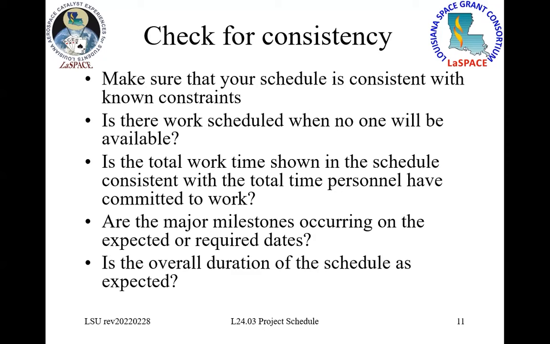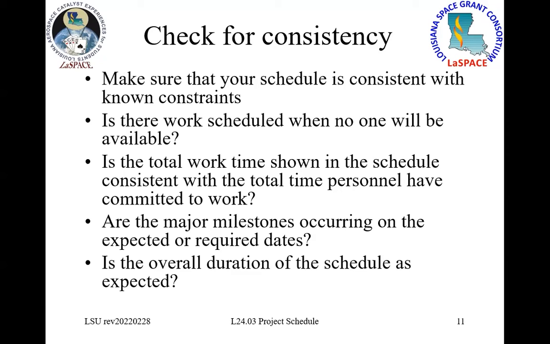Okay. Make certain that your schedule is consistent with your known constraints. Are you in fact making your milestones? Are you scheduling work when nobody is around? You've got to be careful about that. Make certain that it makes sense. Is the total amount of work shown in the schedule consistent with the total time personnel have committed to work?